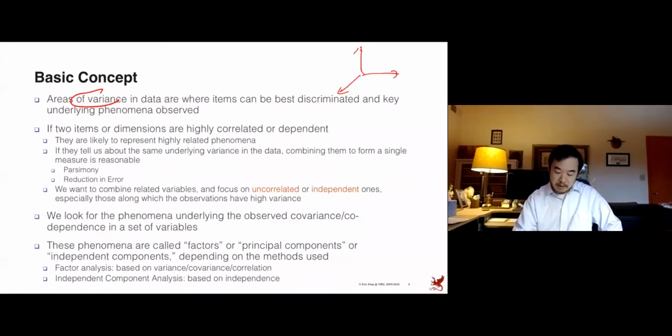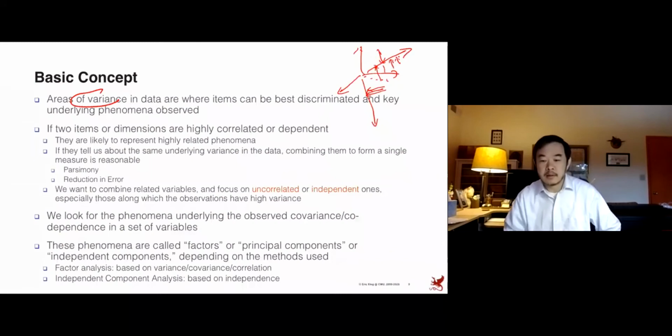And I happen to find one direction in here on which all the points are projected like this, meaning that they are spreading across all of this, versus another direction, for example, in here, where all the points are projected to just a small region, meaning that this one has a high variance, this one has a low variance. Which direction do you think is more interesting and carries more information?